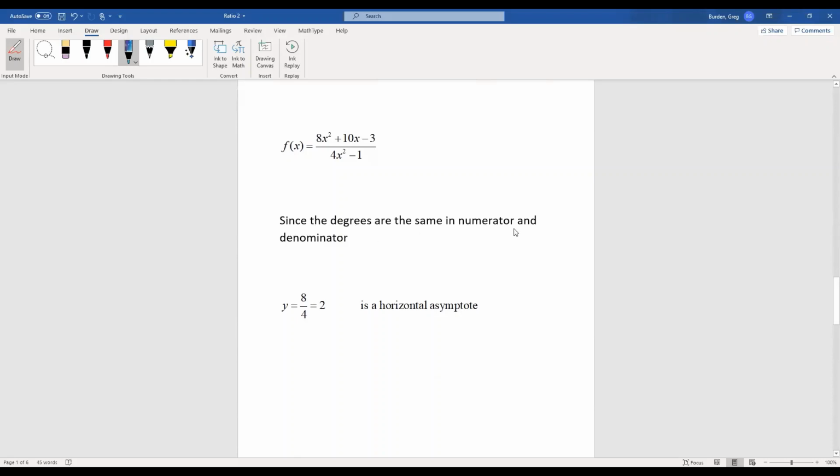Yeah. If there's the same degree in the numerator and denominator, then we can apply this technique. Take the lead coefficient of the numerator, divide it by the lead coefficient of the denominator. And of course, 8 divided by 4 is 2. So that's going to be a horizontal asymptote.